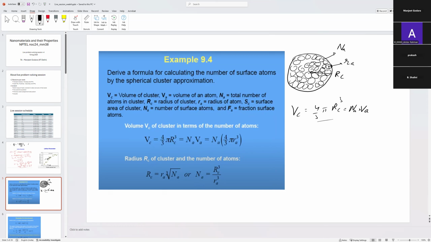This is just from the geometrical calculation of the cluster, and you get this value from the individual atoms. Here you're assuming it's perfectly packed.